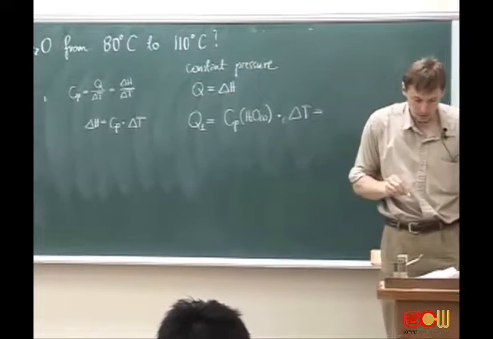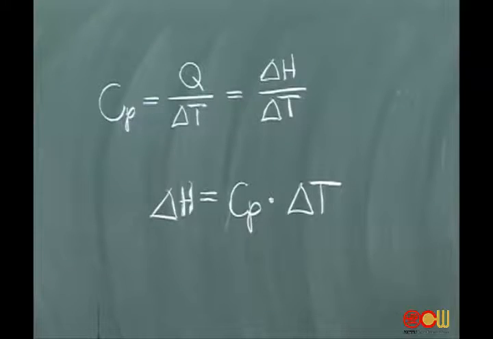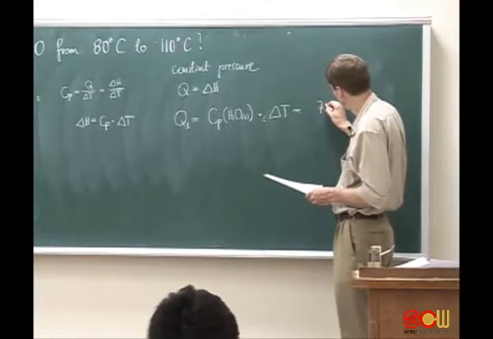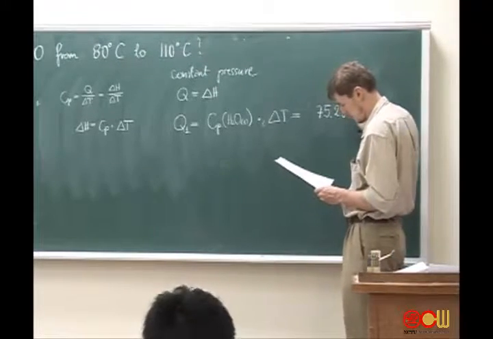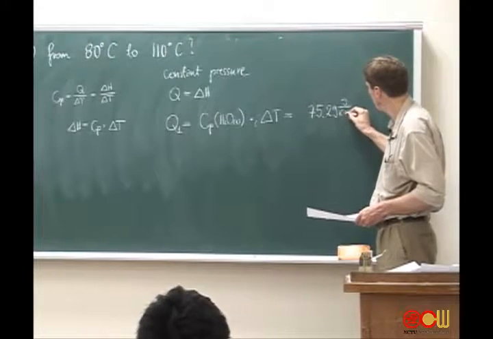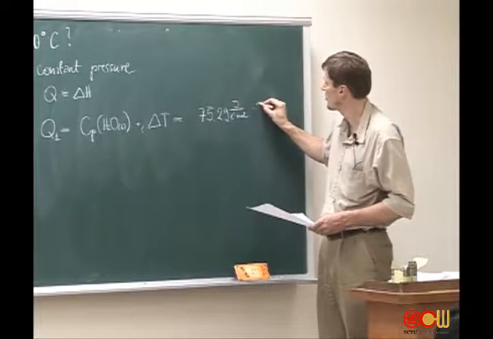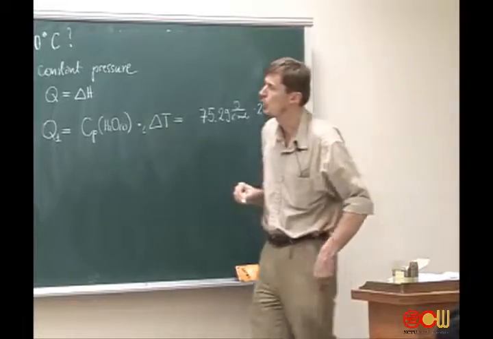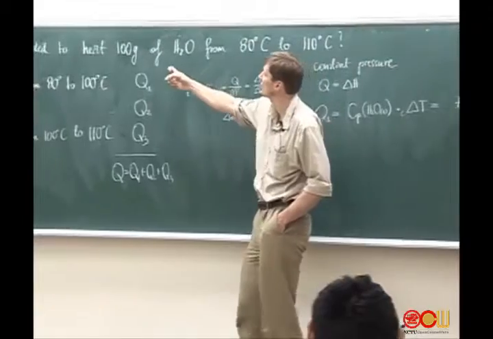Now we go to the table and we find this heat capacity. Turns out that the heat capacity for liquid water is 75.29 joule per Kelvin per mole. And now the change of temperature is 20 degrees. But there is one problem. Here we have moles, and here we have 100 grams.